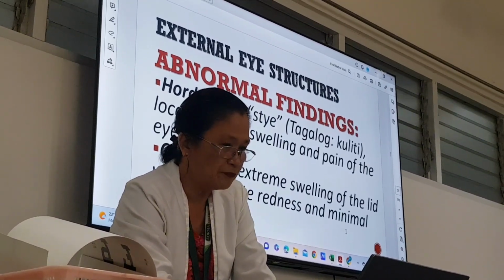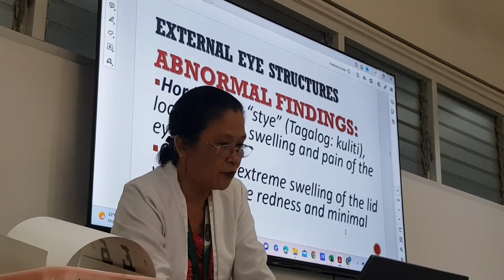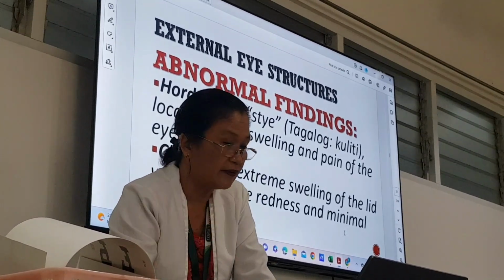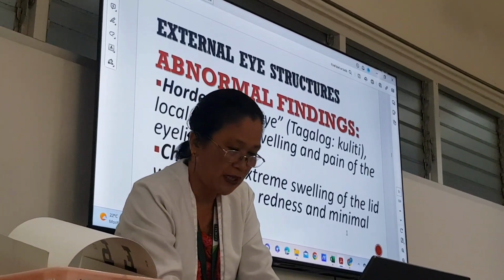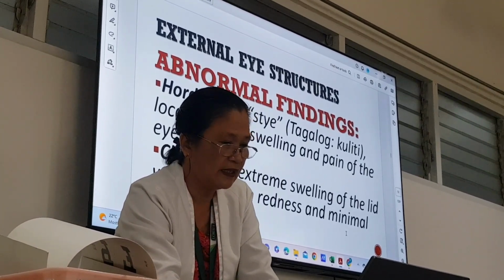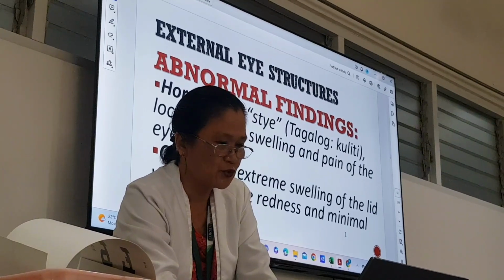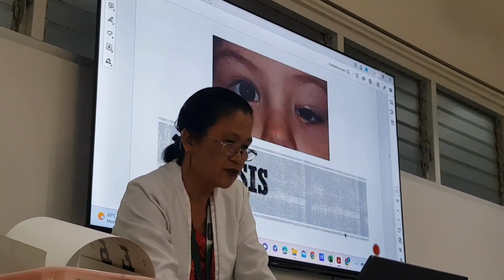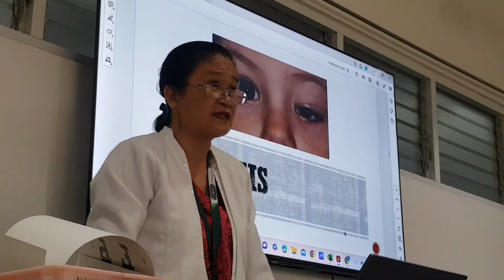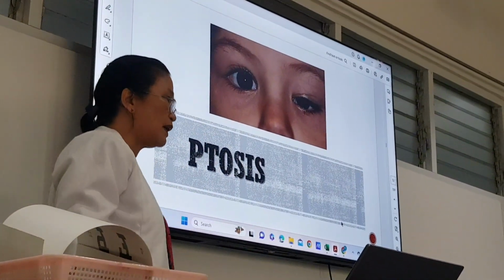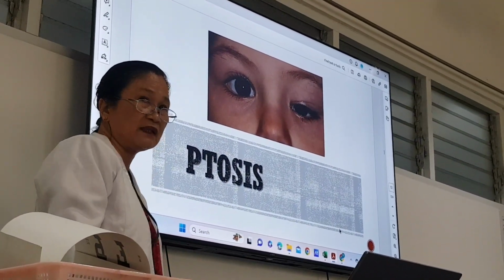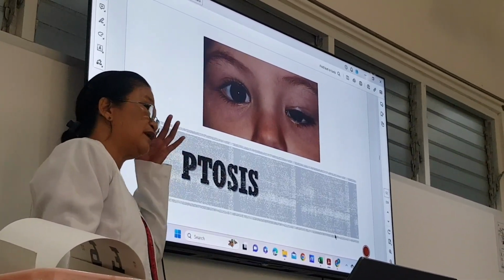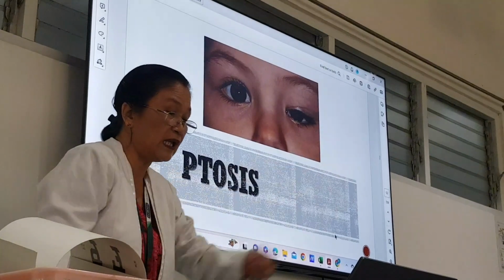Then we have sty, in Tagalog kuliti, with local redness, swelling, and pain of the eyelid, and chalazion, extreme swelling of the lid with moderate redness and minimal pain. So, that is ptosis.